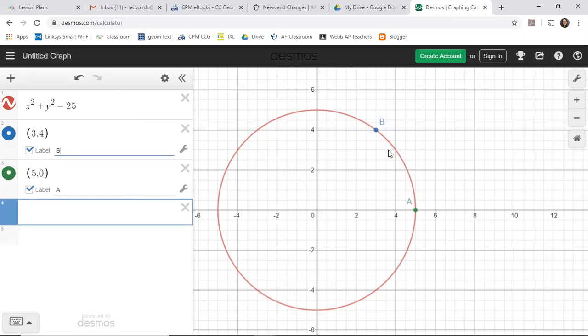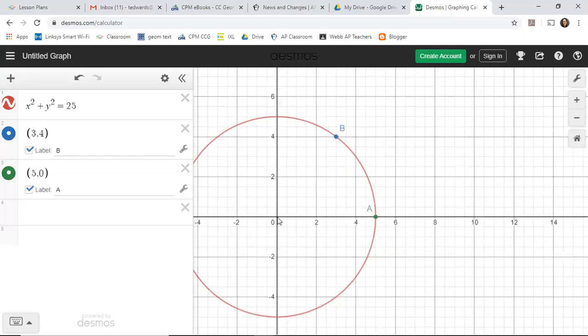This is B. And we want to know essentially, what is this angle here from A to B back to the origin. And so we need to consider then, what do we have? If we're trying to find the angle from B down to the origin and over to here, how far over do we go to get to B?